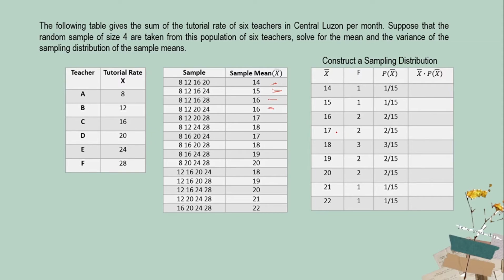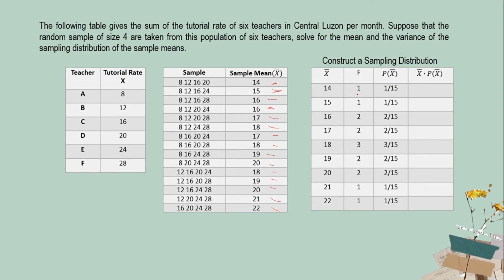Also with 17, it appeared twice. 18 has a frequency of 3 since it appeared thrice. Then 19 and 20 have a frequency of 2 since they appeared twice. Then both 21 and 22 also have a frequency of 1 since they appeared only once.